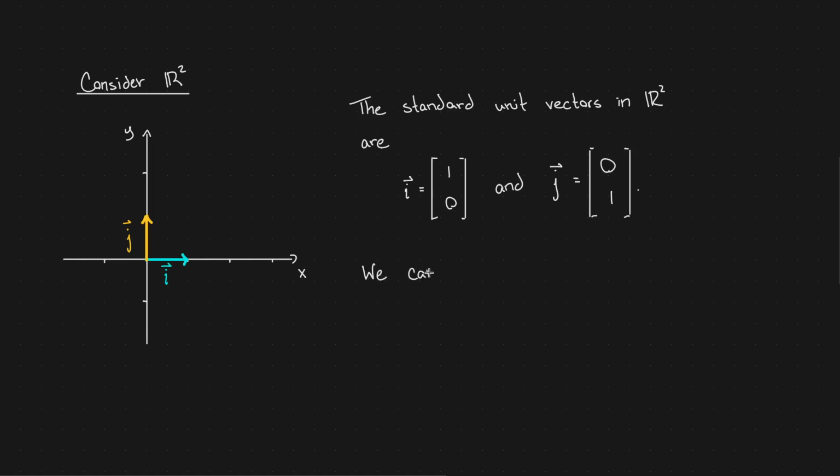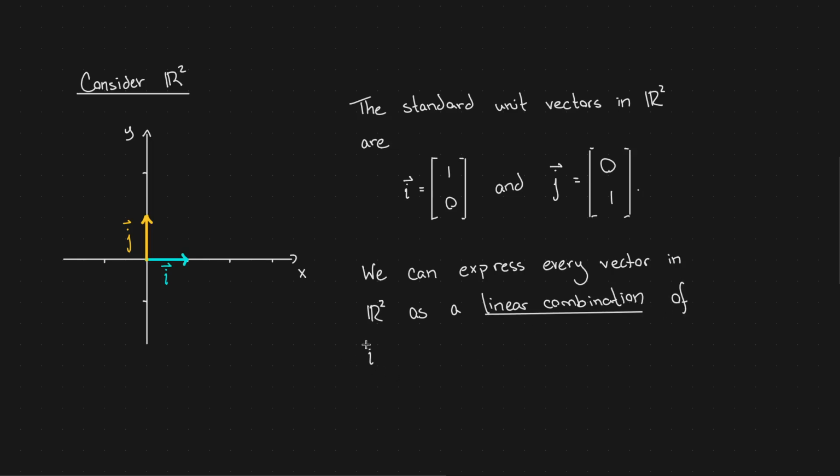We can express every vector in R2 as a linear combination of i and j. So let's look at an example.